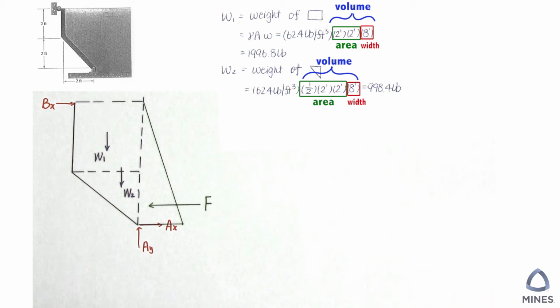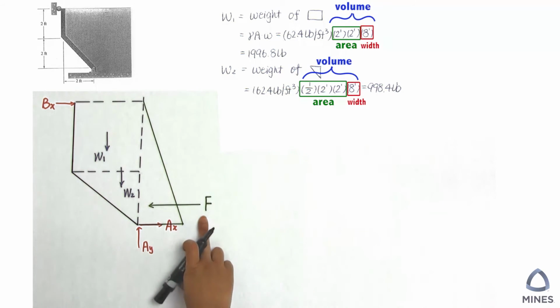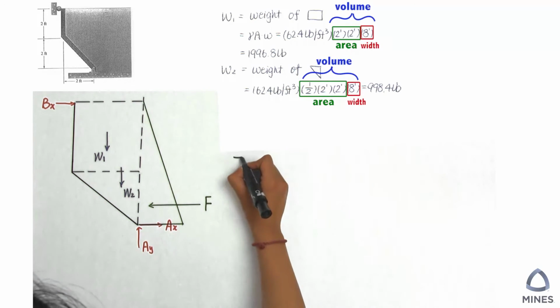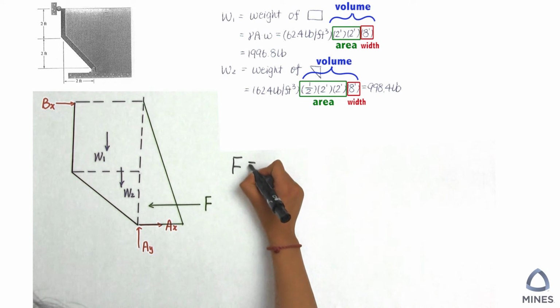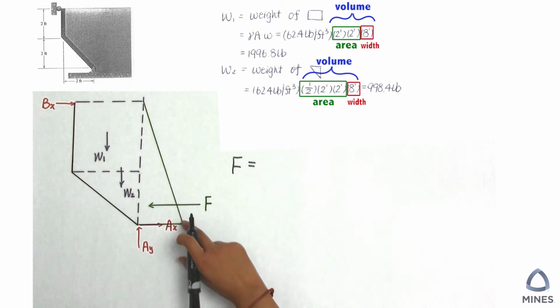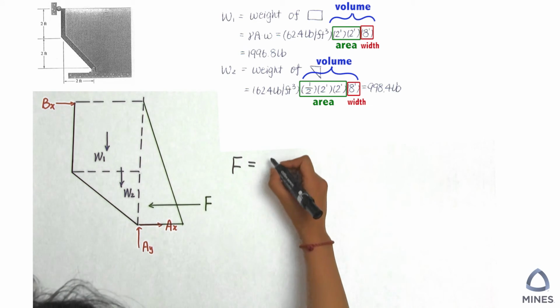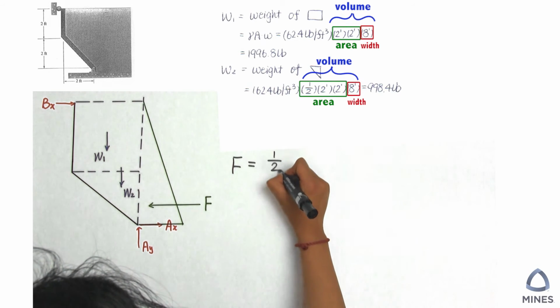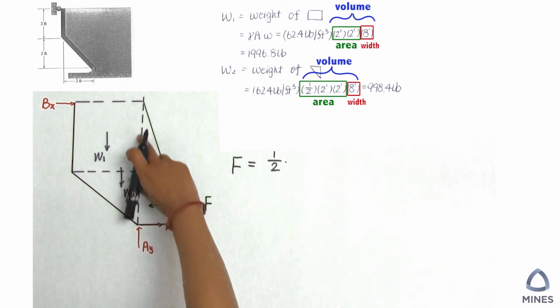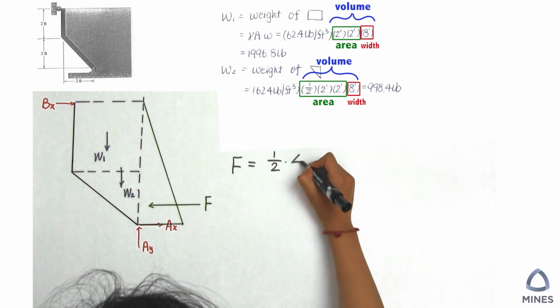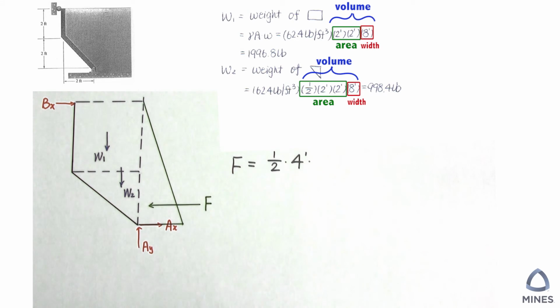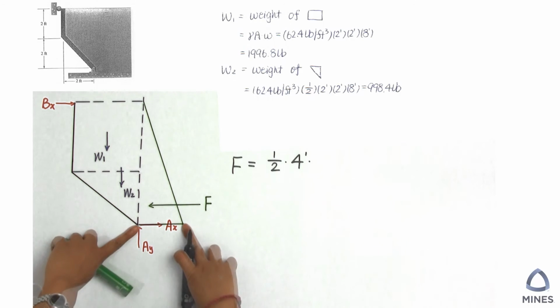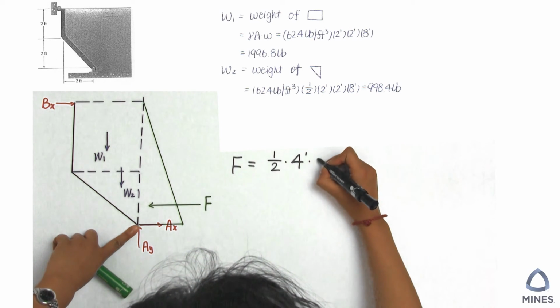Okay, so now it's time to find the force from the side. The force from the side is equal to the area of this triangle: 1/2 times the base, which is 4 feet, times the height, which is the magnitude of the distributed load.